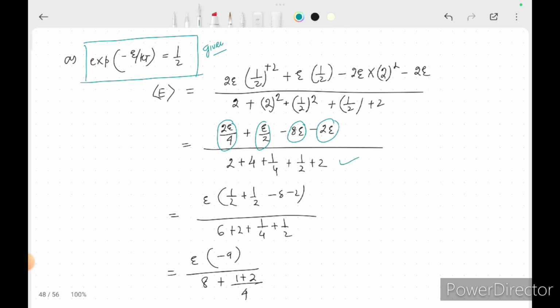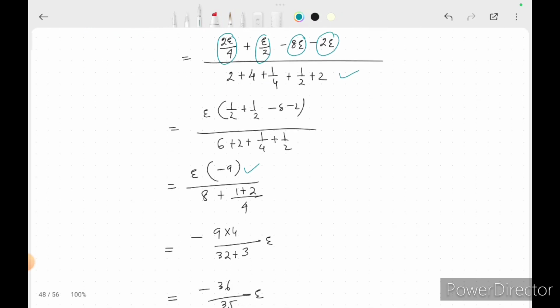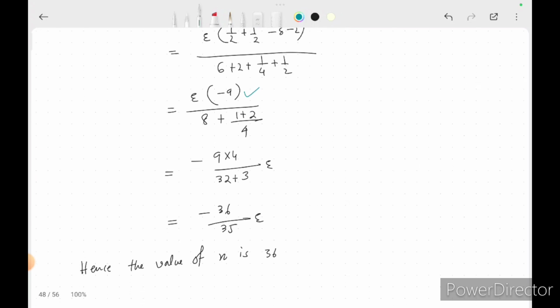Just calculate, very easy. Finally we take epsilon common, and in the numerator we get minus 9 and in the denominator we get 35 upon 4. So finally we get the answer: the average energy for this case is minus 36 upon 35 epsilon.